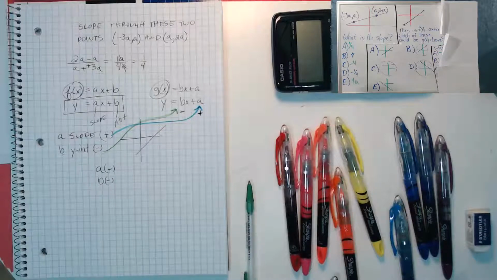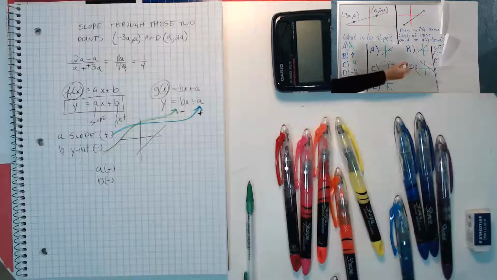Which one of those three has a negative slope? D. D, correct. What kind of slope does C have? 0. That's right. This has a 0 slope. This has a positive slope. This has a negative slope. So that's how we know that it is D.